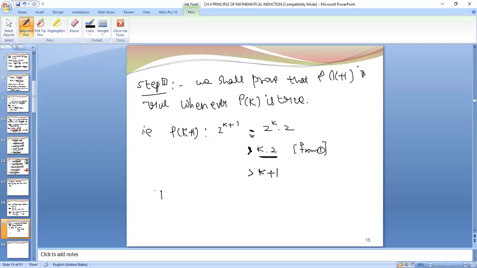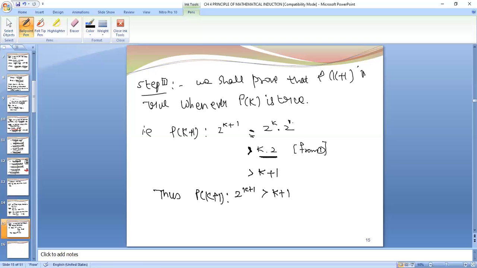I'll explain why. Thus, P of k plus 1 is such that 2^(k+1) is greater than k plus 1. You write 2^(k+1) is equal to 2 raised to power k into 2, because when the bases are the same, the powers are added.